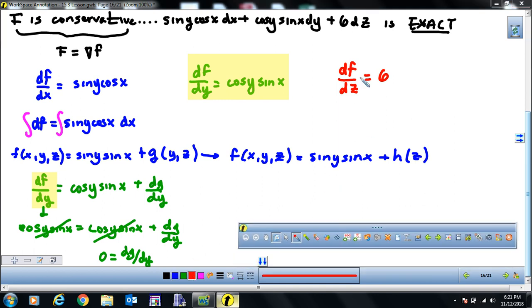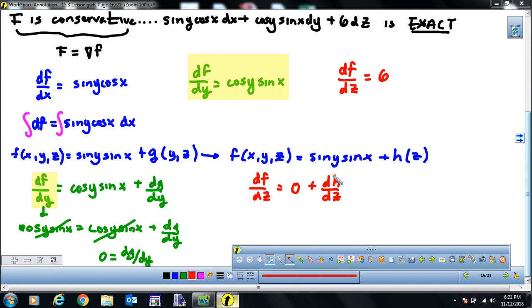So, to make use of the last condition, we need to find the derivative of this potential function with respect to z. The derivative of this is going to be a constant with respect to z, so it's going to be 0. And this is dh with respect to z.